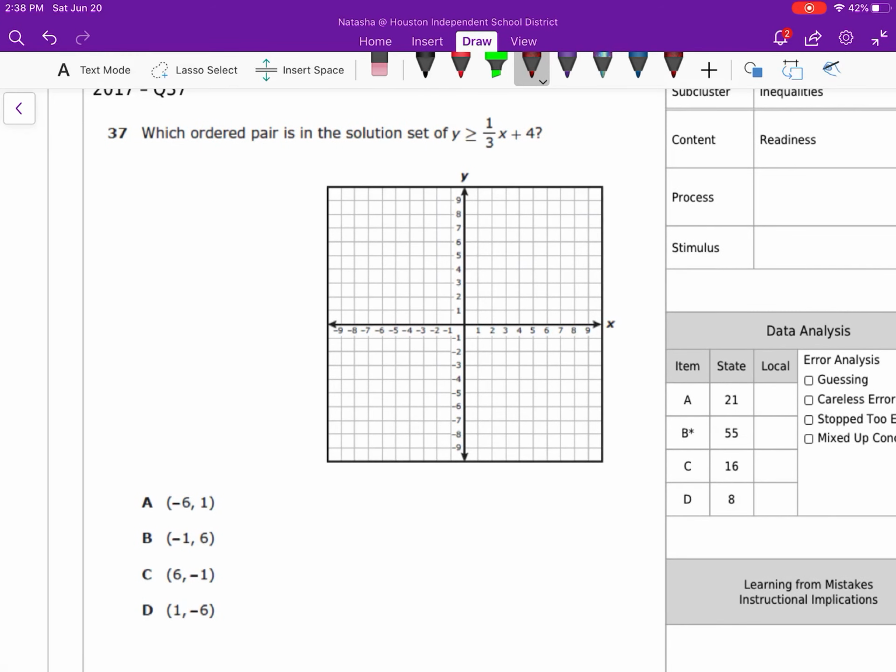Next question, we're going to do similar to what we did in the one prior. So we need to graph it. So our y-intercept is 4. We have a slope of 1/3, 2, 3. And it's going to be a solid line.